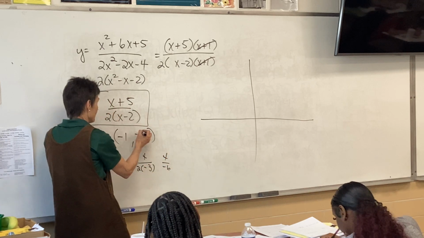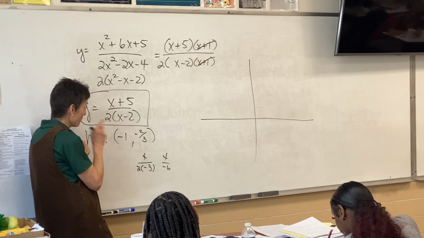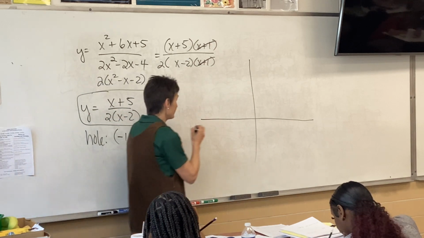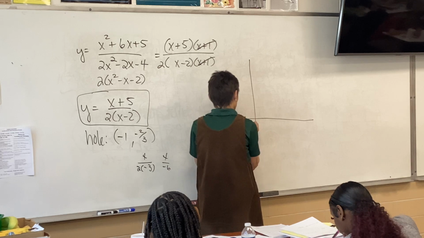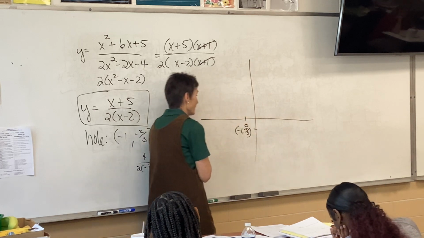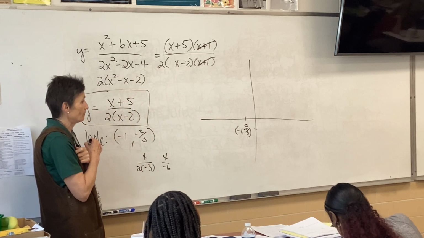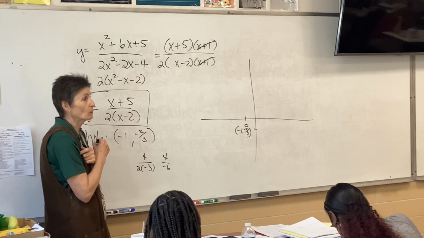Did you get -2/3? So on my graph, I'll plot the point -1 comma -2/3. And I'll plot it with a nice little open circle. And I, of course, will label it.